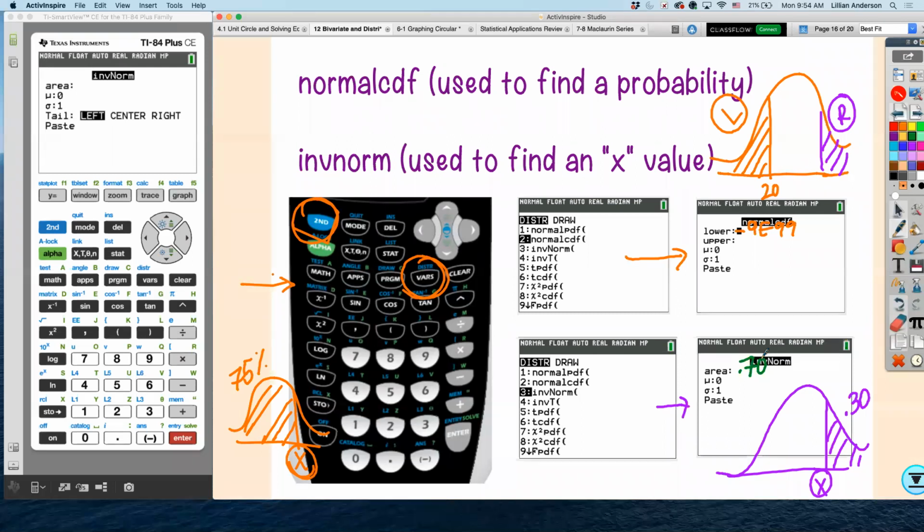For the fancy one that I have now, I would be able to type in 0.30 and tell the calculator I want the right shaded area. But for everybody else who does not have that feature, you have to type in 0.70, then your mean and standard deviation, and then go to paste.